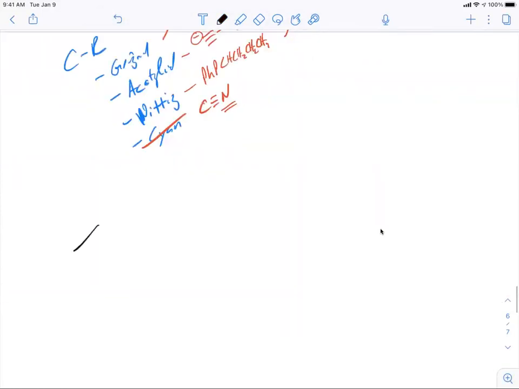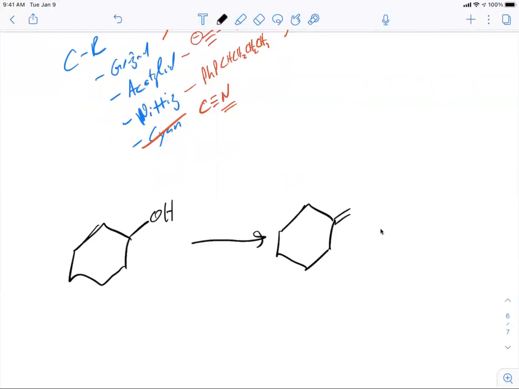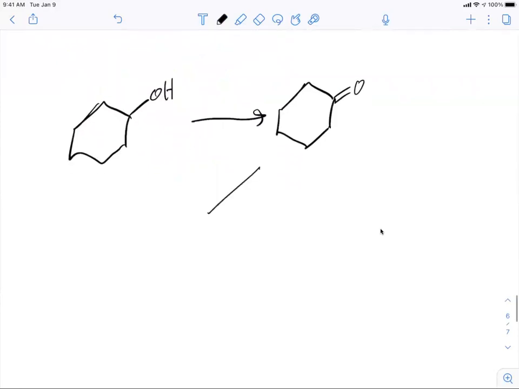So we could take our alcohol, convert that to our ketone, and then our ketone, we could go to this species, right?